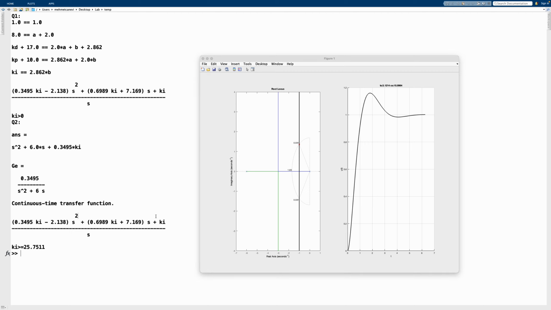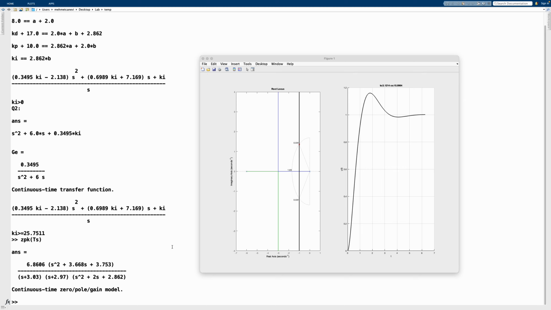But if we are curious, what we can do is check out what the closed loop looks like in terms of ZPK. We can see, of course, slight numerical errors might occur, so that's not that big of a deal. So this is critically at 3, so we could assume that this is s plus 3 squared.